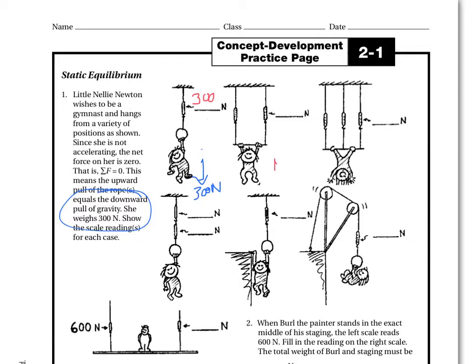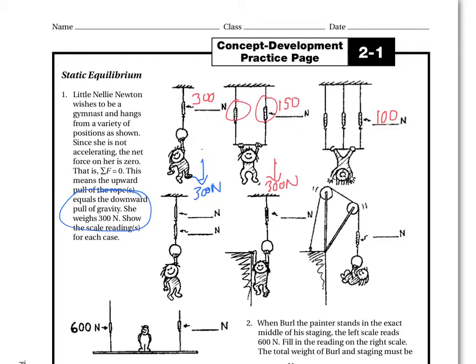In this case, we have 300 newtons down still, and now we have two spring scales applying a force to Nellie, so each spring scale only has to apply half the amount of force, 150 newtons. And then we split up into thirds. As she flips herself upside down, each spring scale only does 100 newtons worth of force.